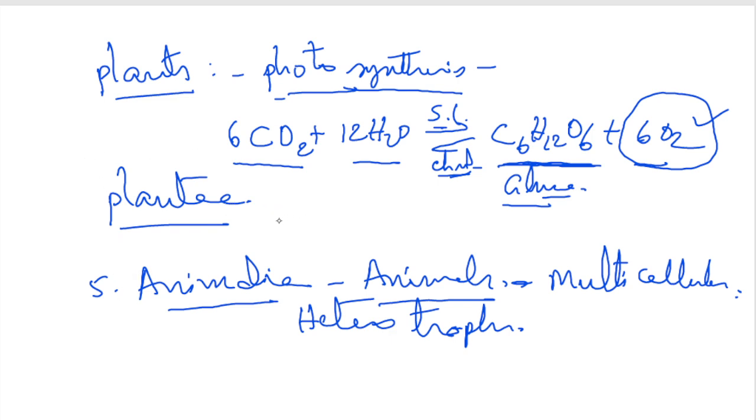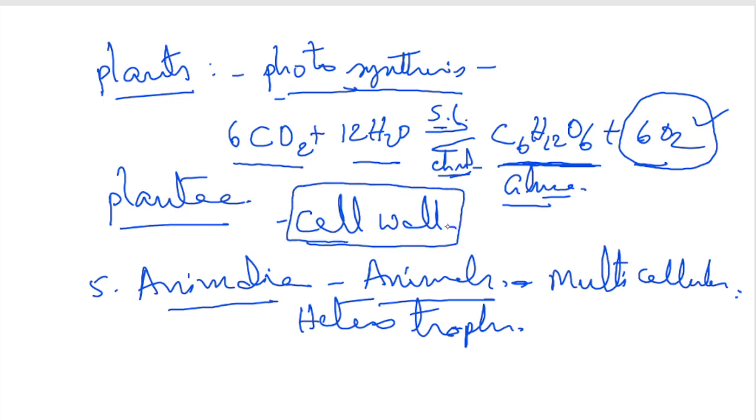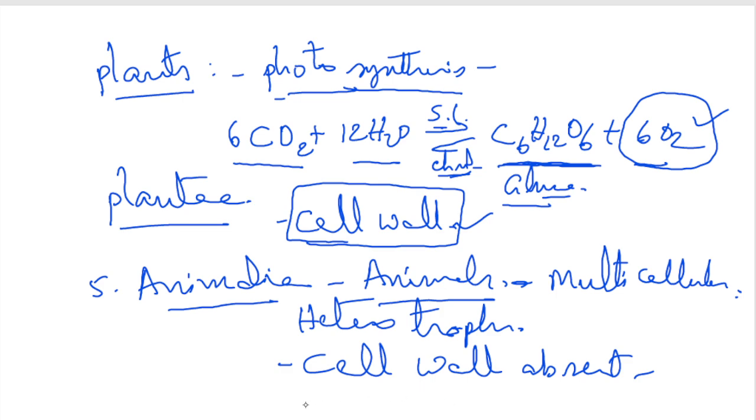The plant cell contains a special structure called a cell wall, which is prepared with cellulose. This cell wall is only present in plants, but it is absent in the animal cell. The animal cell doesn't have any cell wall, and also they don't have the photosynthetic pigment, chlorophyll.